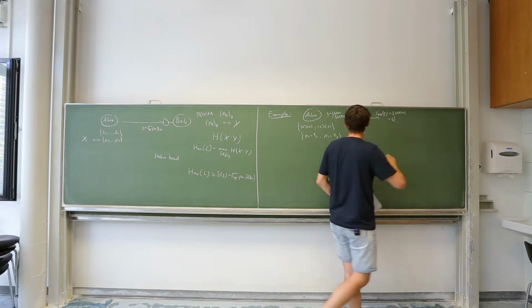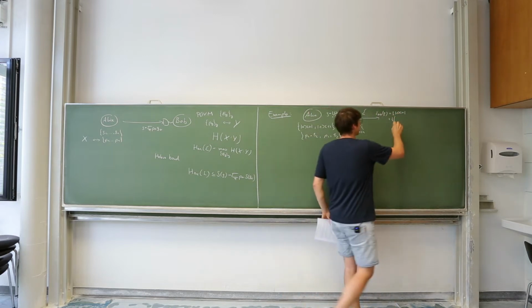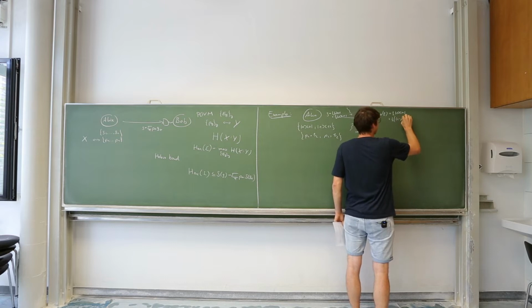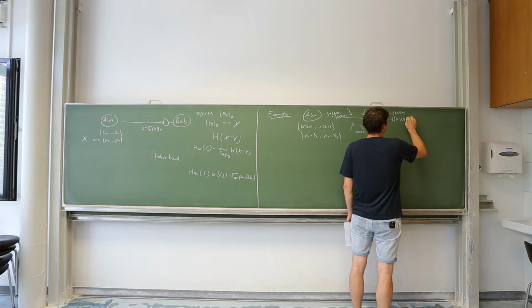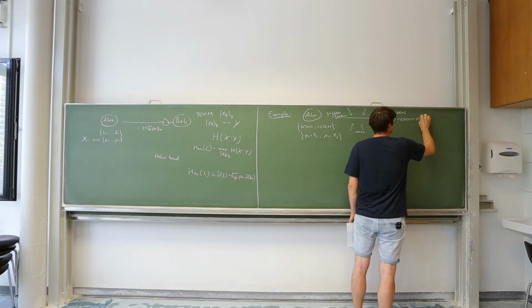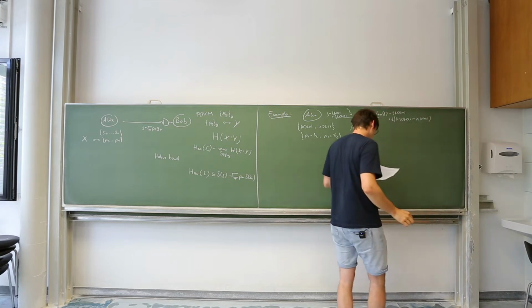Amplitude damping means that the amplitude of 1 is damped by a factor of 1 minus gamma. So gamma is the strength of this damping. So we get (1 minus gamma) |1><1| plus gamma |0><0|. So with strength gamma it is damped.